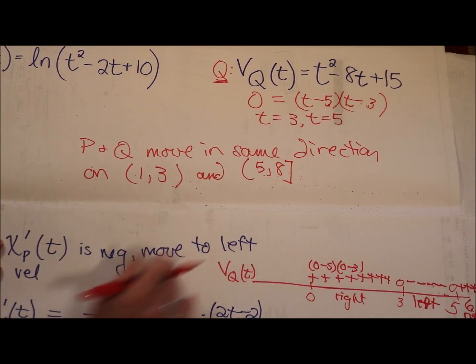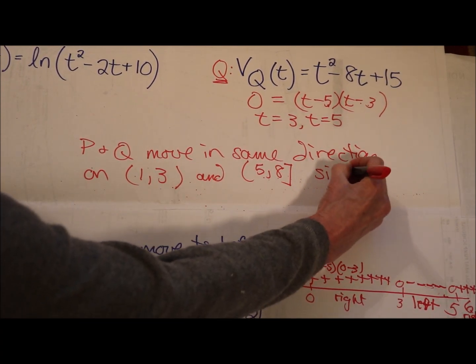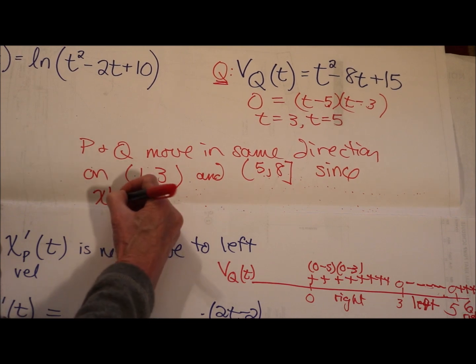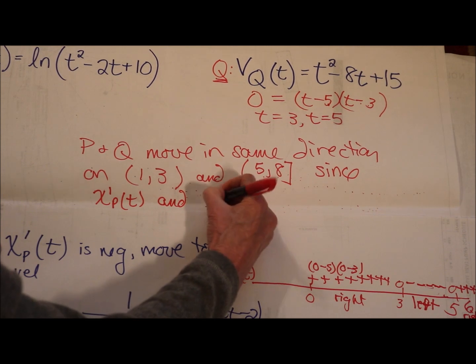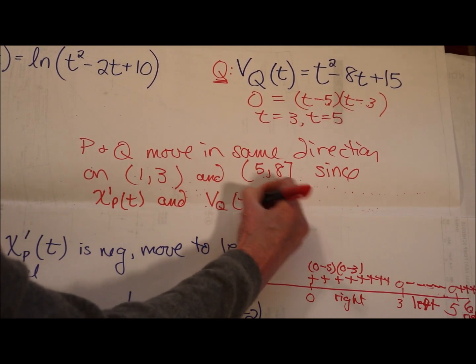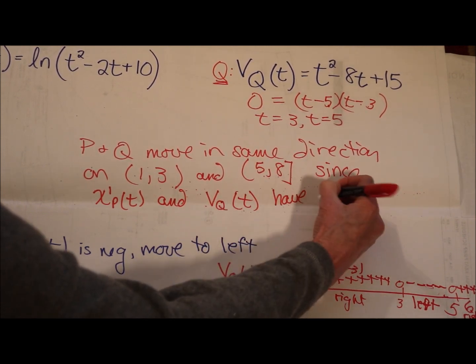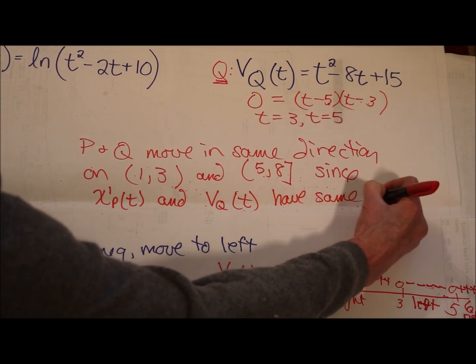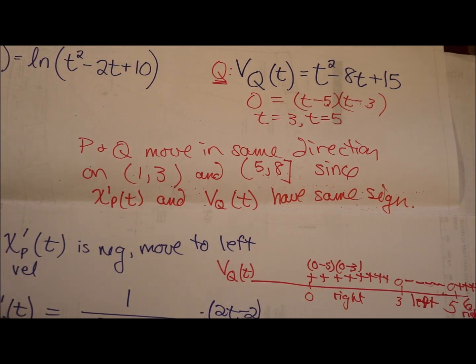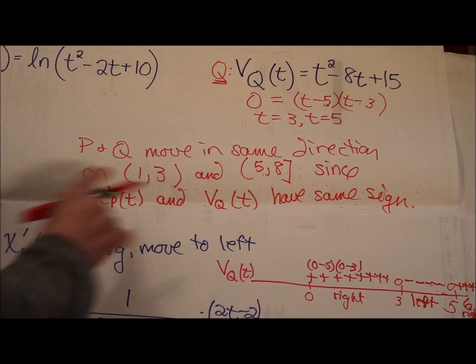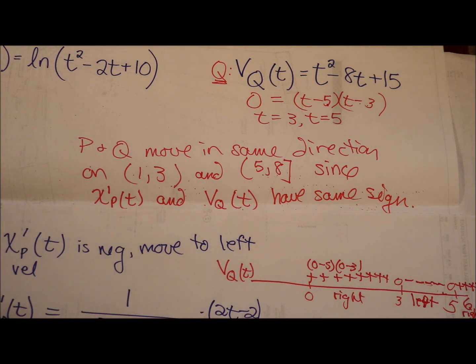But we do have to say why, and that's since x prime sub P of t and v sub Q of t have the same sign. So particle P and Q move in the same direction from 1 to 3 and from 5 to 8, since they both have the same sign. Okay? Very nice.